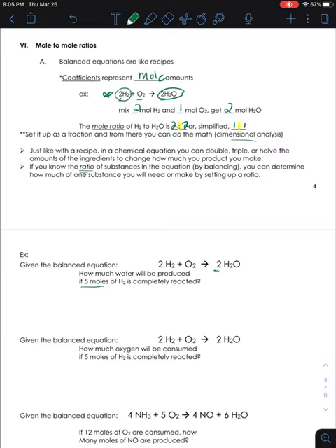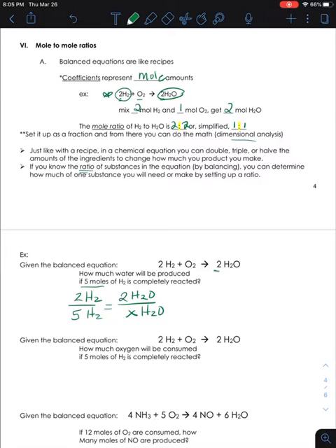So if we know that we normally have 2 moles of H2 makes 2 moles of H2O, and we have 5 moles of H2, we're trying to solve how much H2O.